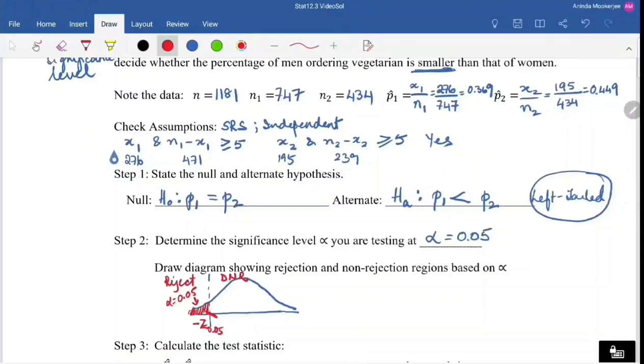So I already know z of 0.05 is 1.645. So I'm going to just write it down anyway, although they didn't ask us at this point. It's going to be negative 1.645. So here's our diagram.